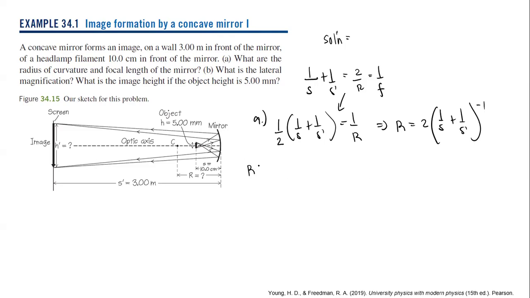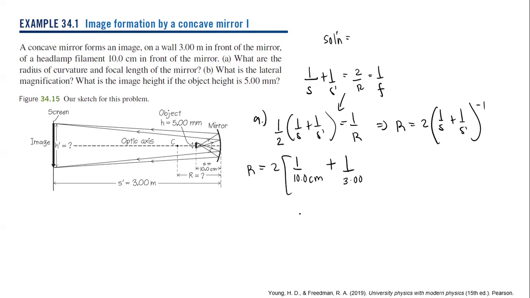So the radius is equal to 2 times 1 over s, the distance of our headlamp, 10.0 centimeters, plus 1 over the distance of the image, 3.0 meters.